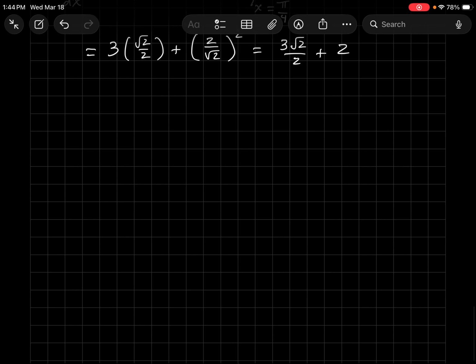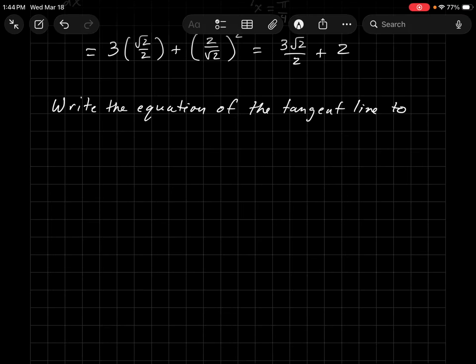And let's do one tangent line equation. So let's write the equation of the tangent line. And let's do another trig function, the equation of the tangent line to y equals cosecant of x plus 1 at x equals pi over 6.